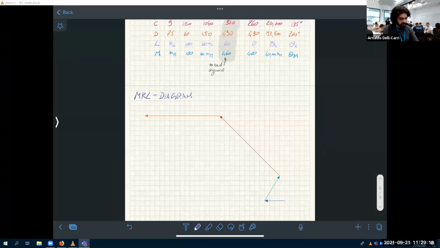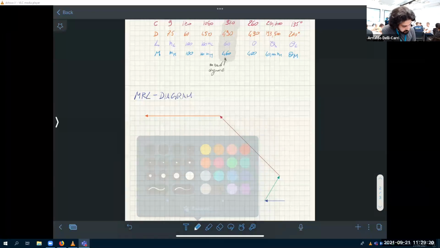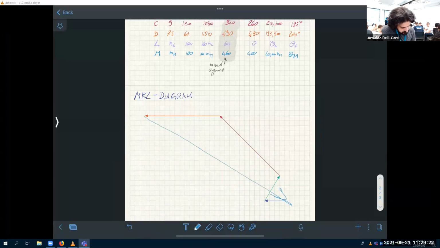Good. Now this is my sketch of the MRL diagram. Let me put the labels, but before we do that, I want to check if L is the reference plane. Do we need to change the angles as well?